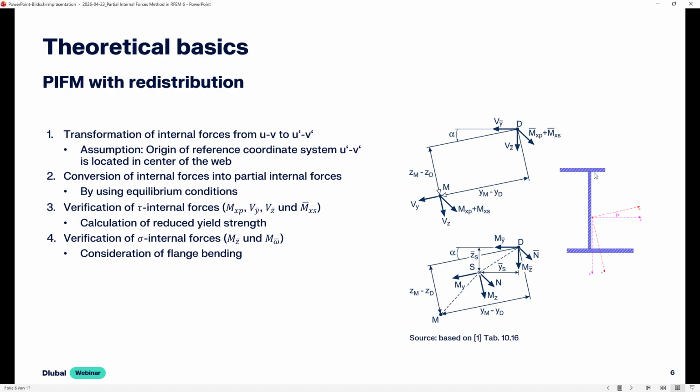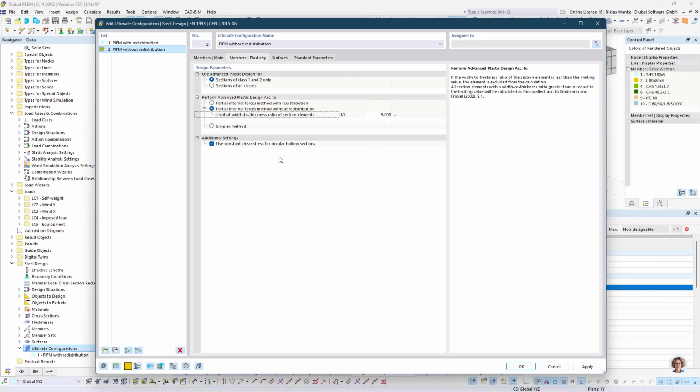We can go with this simplification, but if we have relatively massive rectangular section parts, so for example, if the thickness of the flanges is much higher, then of course the simplification is not that exact anymore, because then each section part can take bending moment in both directions, and this is not considered in the PIFM, so we will receive this warning message.